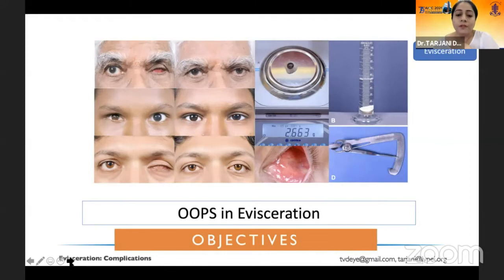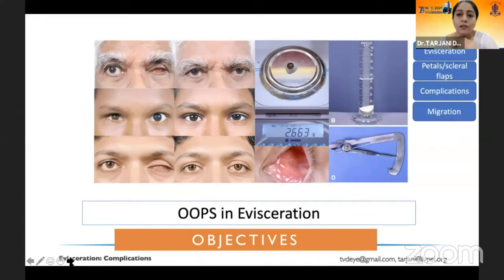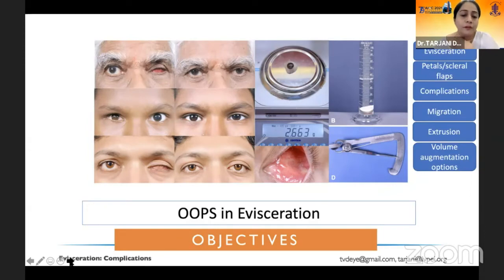So regarding the oops in our surgery, I'm going to talk to you a little bit about evisceration. What are the petal or the scleral flap techniques, the complications that are routinely seen, especially with a focus on implant migration and extrusion. Also a little bit on how we augment volume when we feel that the orbit is not optimally augmented in terms of volume.